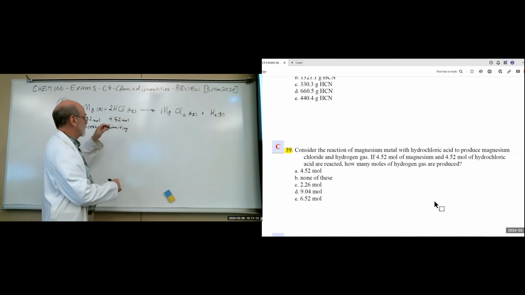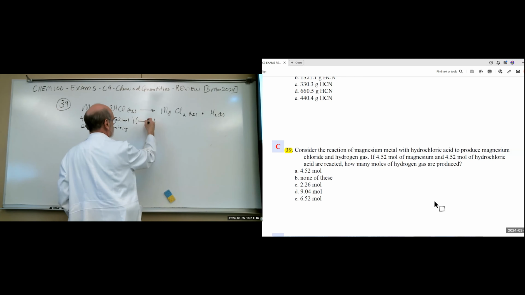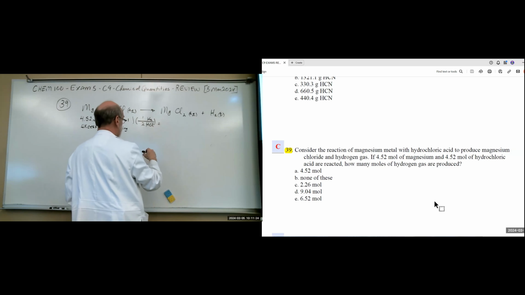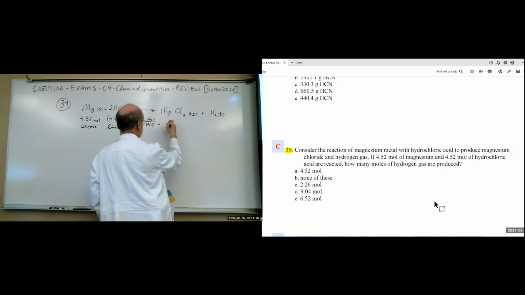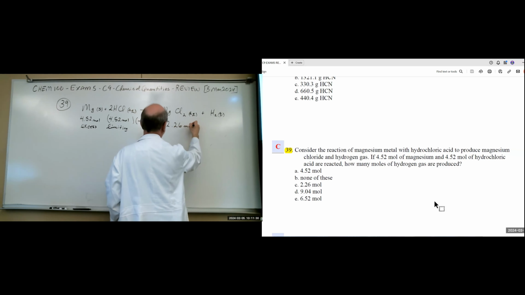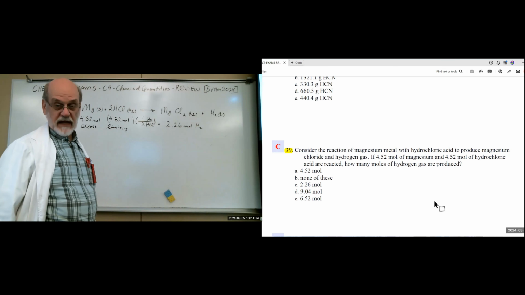So we can go with this one and calculate the number of moles of hydrogen gas. All we need is 2 here and 1 there, which means actually half of that value, which is 2.26 moles of hydrogen gas. And that's the question.